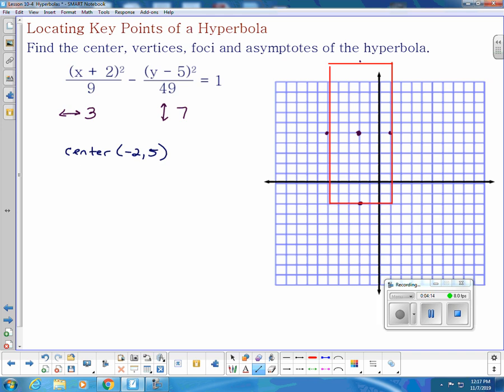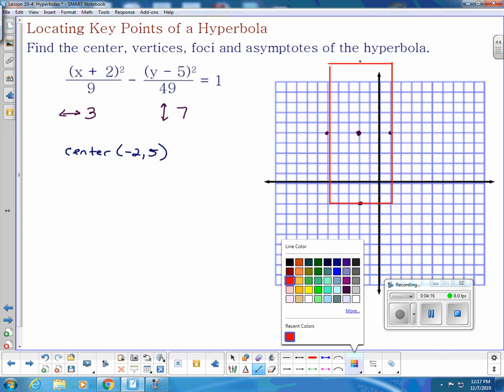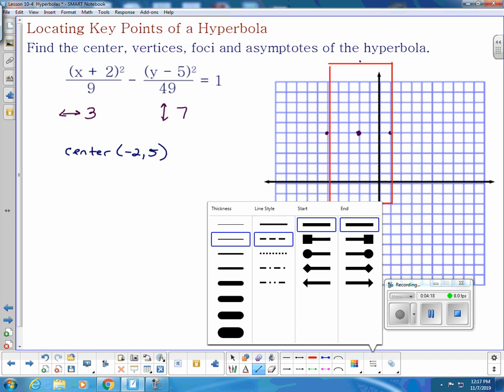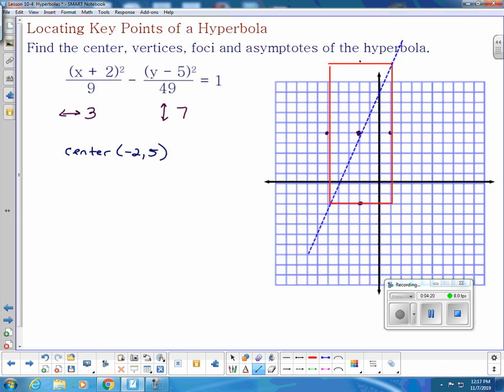And then again, very lightly, you're going to draw the diagonals of that rectangle. These are your asymptotes. So the rectangle is just helping you find where your asymptotes are. So you're going to draw a rectangle, a box. Then the diagonals of the box are the asymptotes.